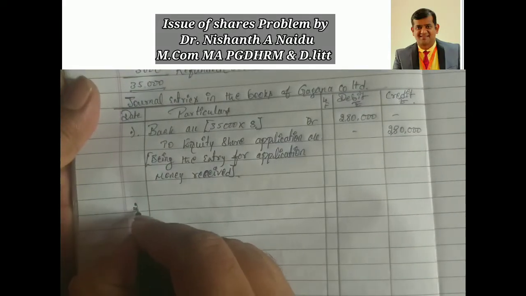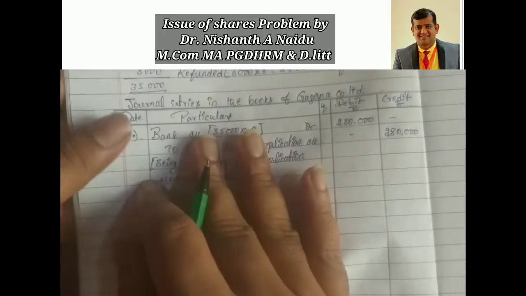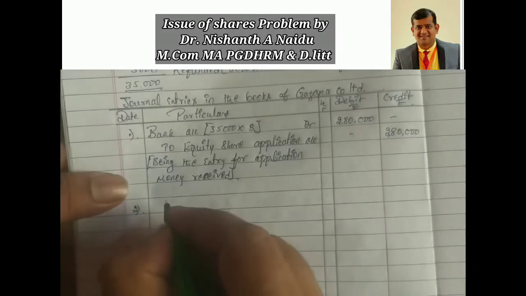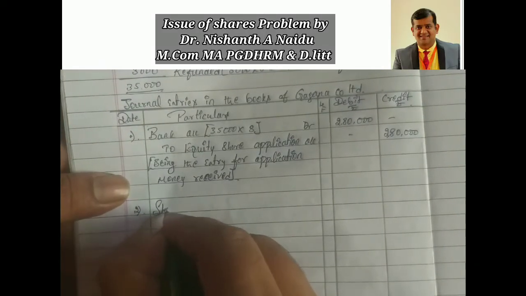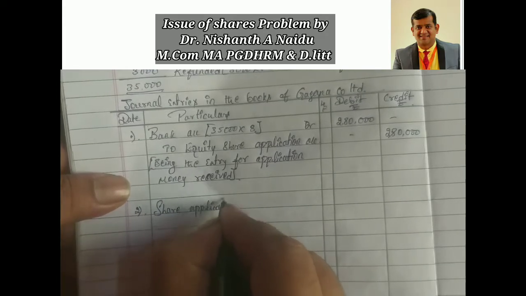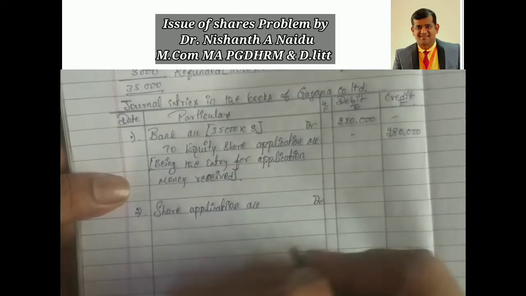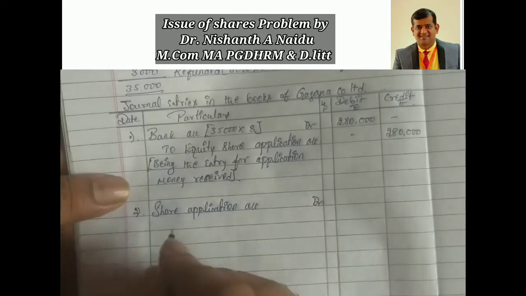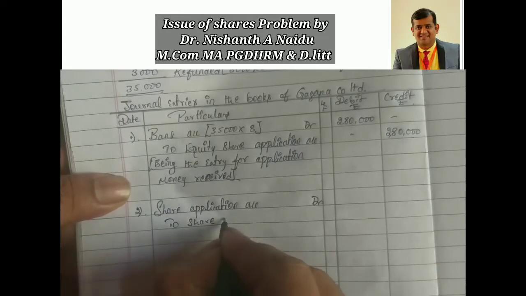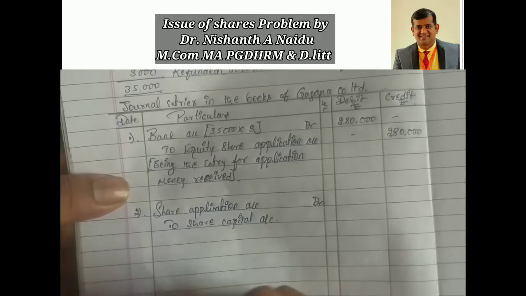The second entry is always a transfer entry, correct? So we have to transfer the money. This entry is very, very important, so try to understand. Share application account debit to share capital account.